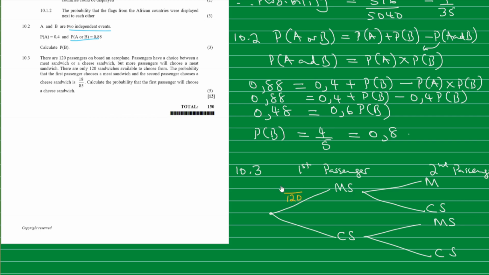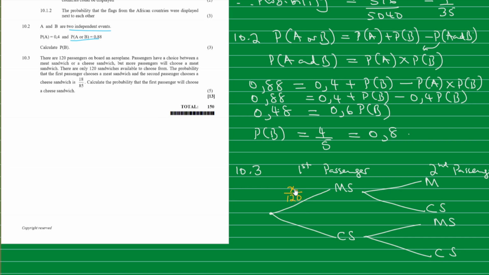Let's say there are X people who choose the meat sandwich. We know that for every 2 or 3 branches, the probabilities must always add up to 1.